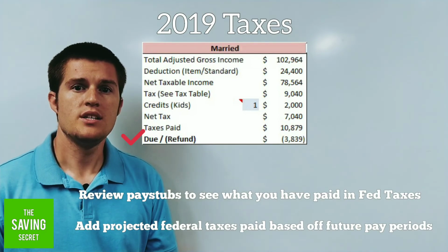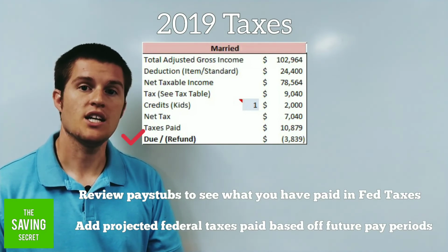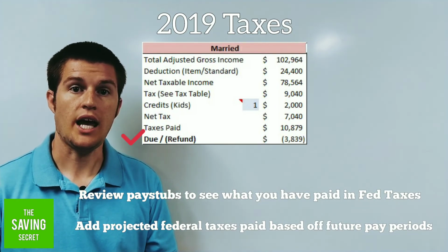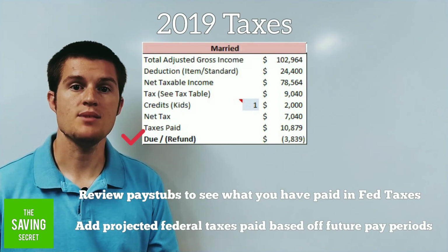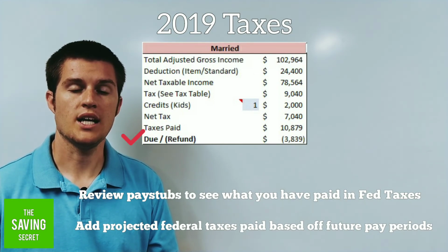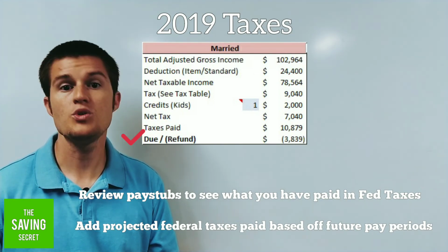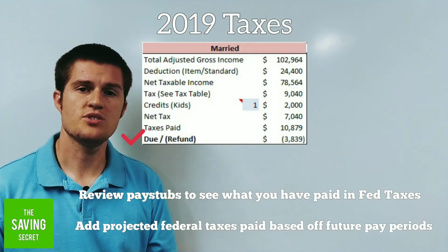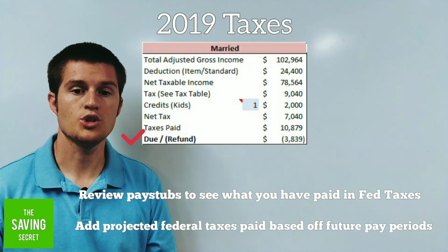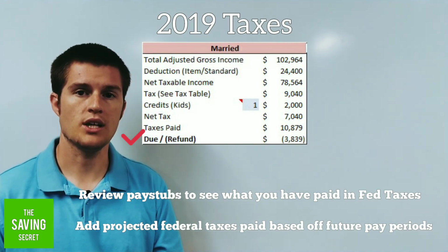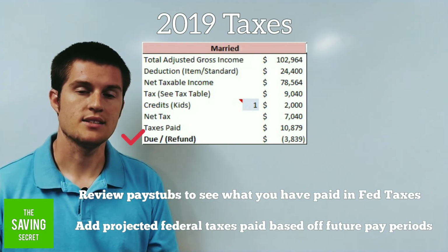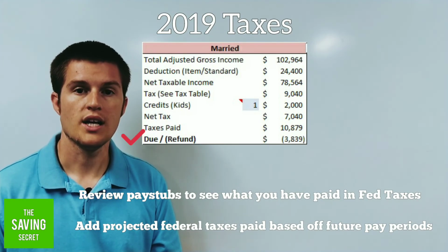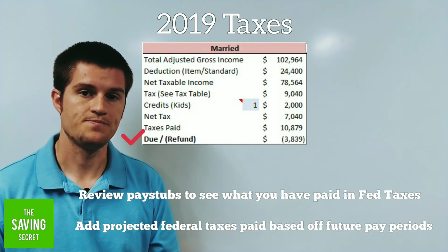So now you look at it and you'll understand if nothing changes when you file your taxes for next year and you were able to get the same income that you were getting from your last pay stub and the future pay stubs, this is your expected amount. If this number is significantly too large, you can reduce what you're contributing to taxes. You fill out what's called a W-4 form with your employer and they're able to make adjustments.